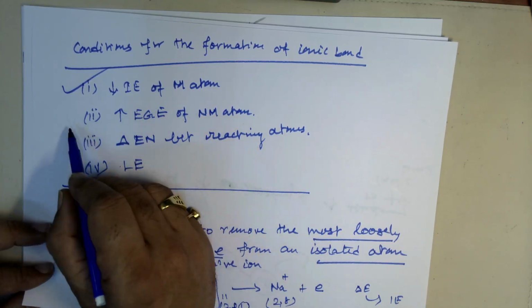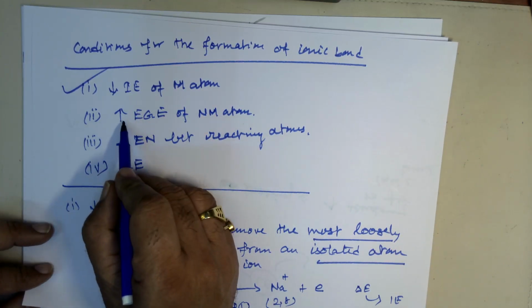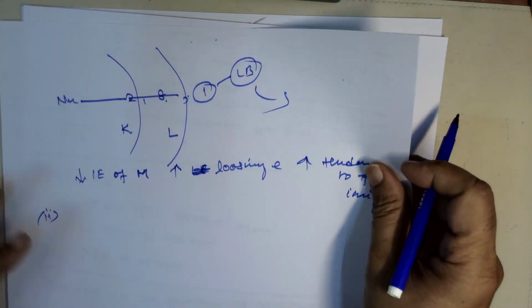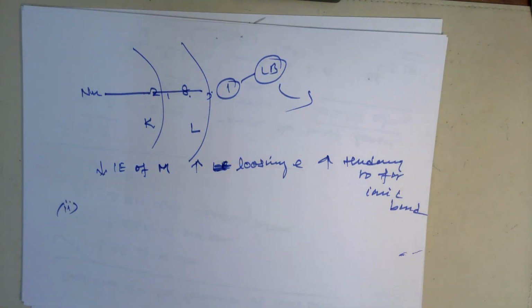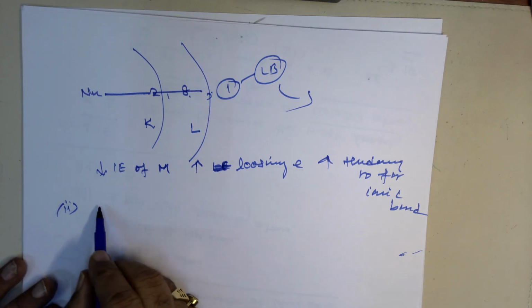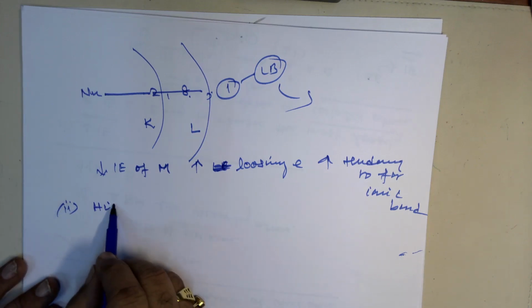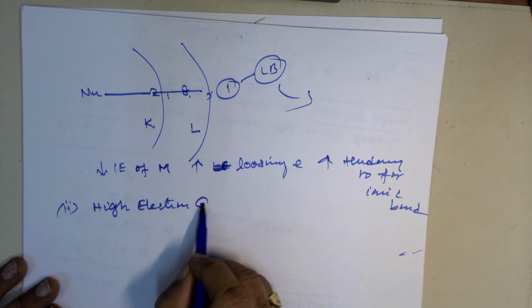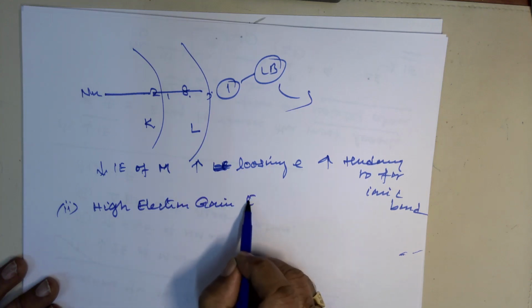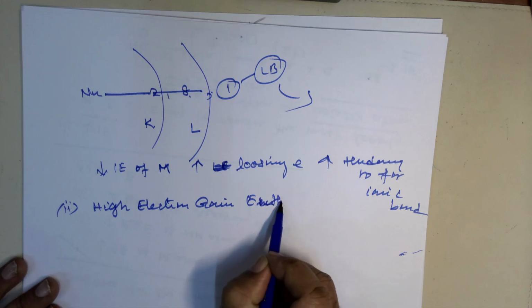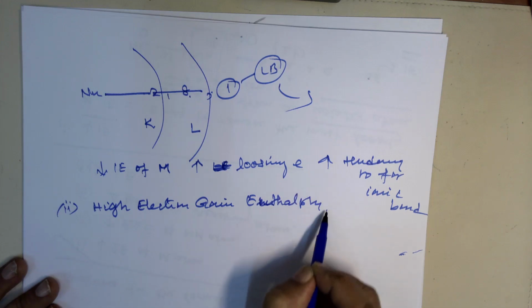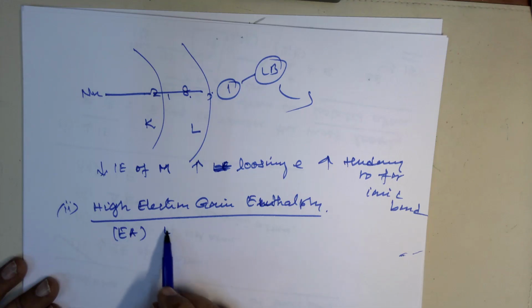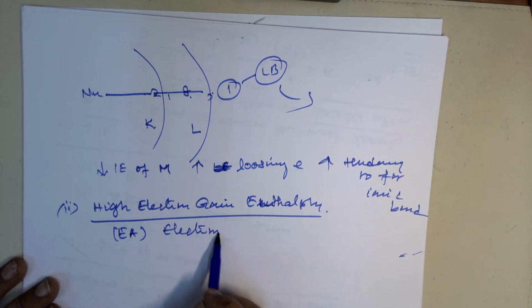Now, the next one is high electron gain enthalpy. This is also called electron affinity. Take down EA, electron affinity.